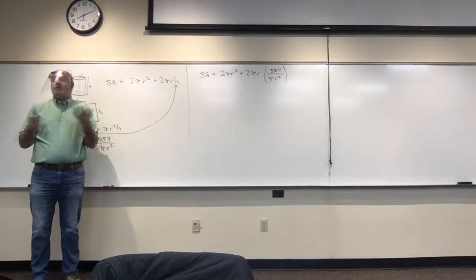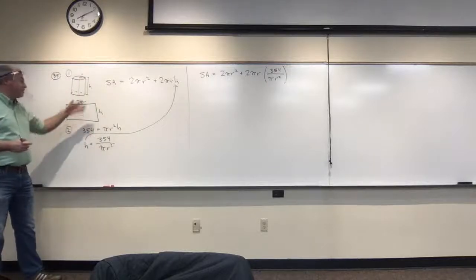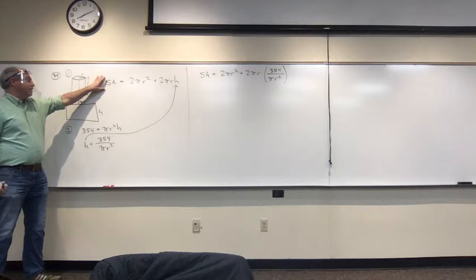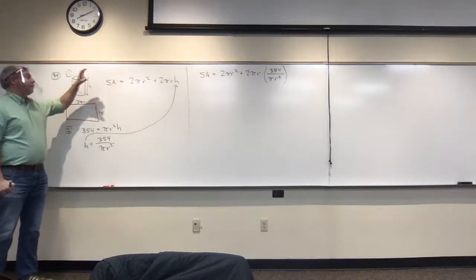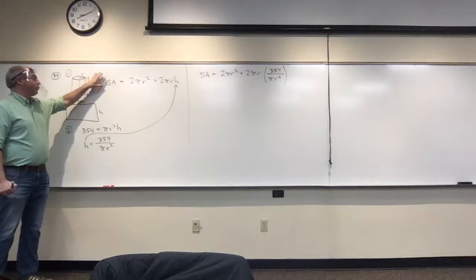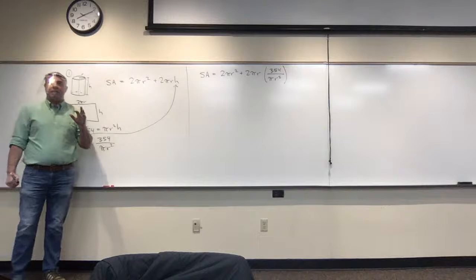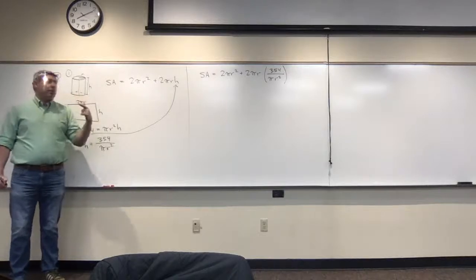Who cares about volume? It's helpful, because it helped us make our equation that we're trying to maximize or minimize better, but we have to continually focus on the right equation. That's where you can make mistakes in optimization: not focusing on the right equation.